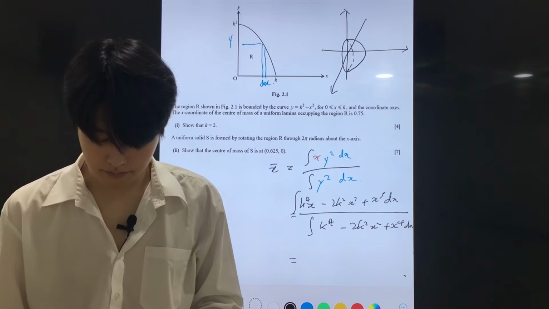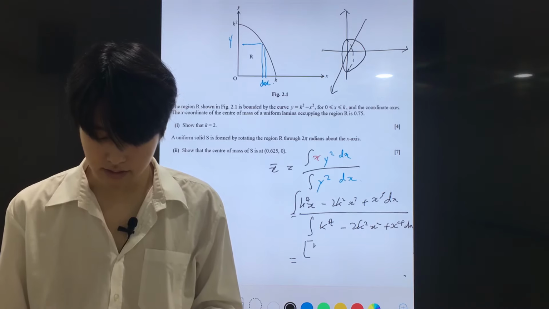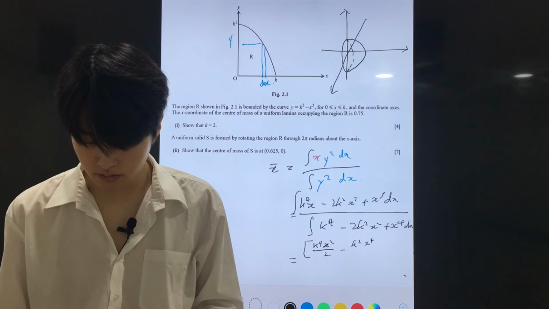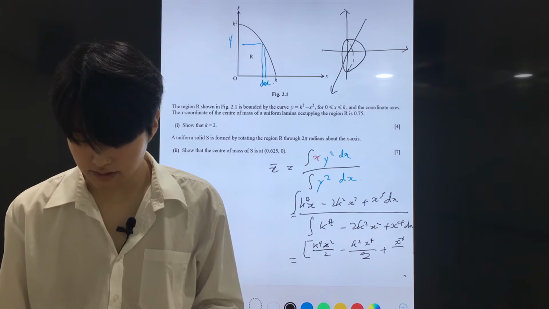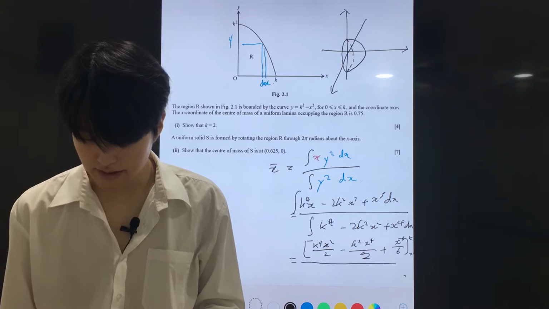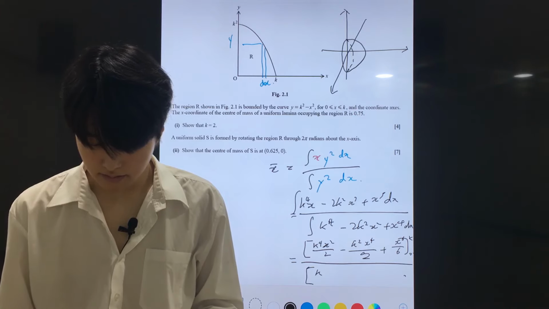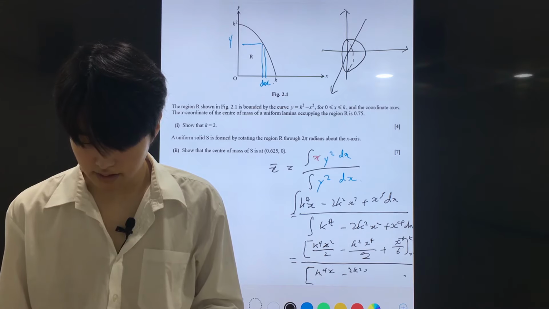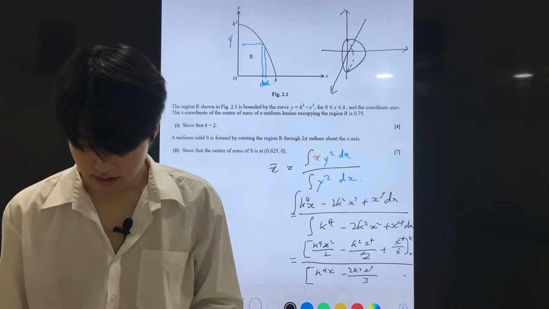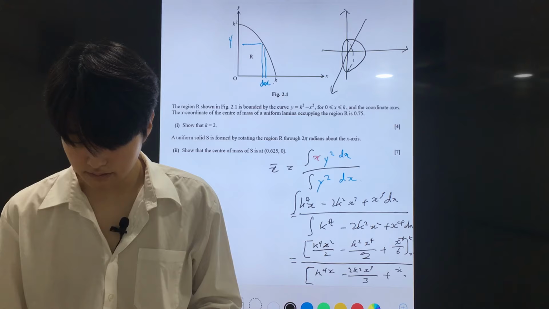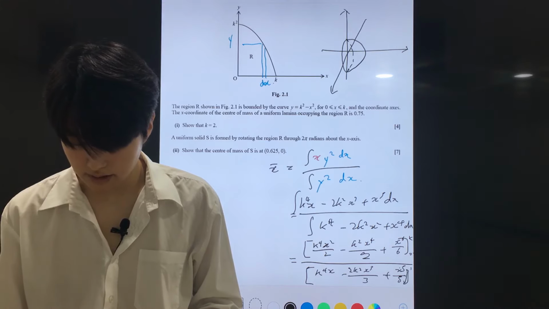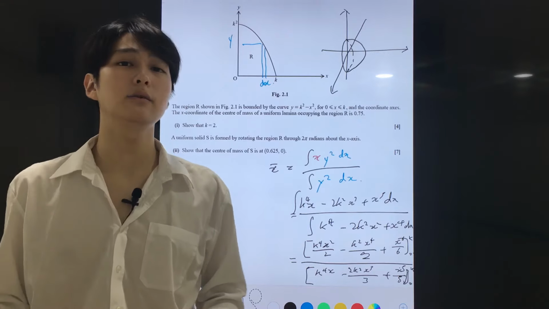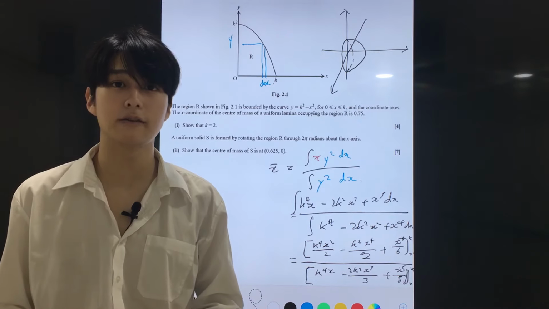And that is evaluated from k to 0. When x equals 0, it's all going to be 0 because all the terms have x.